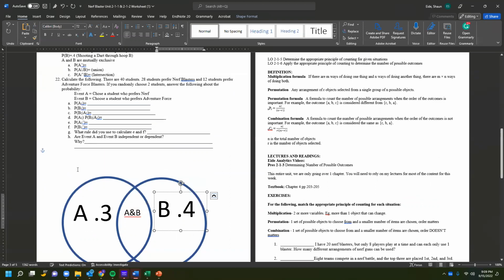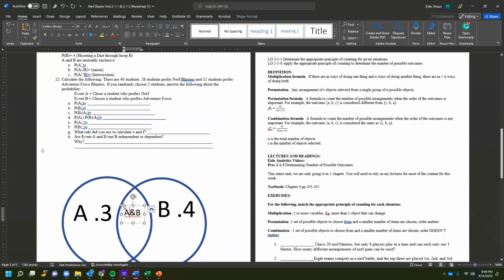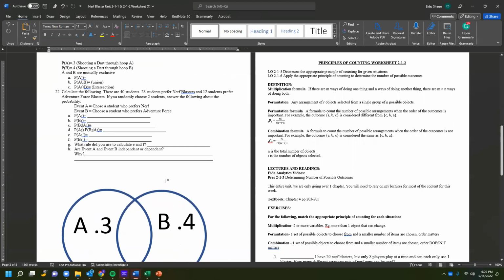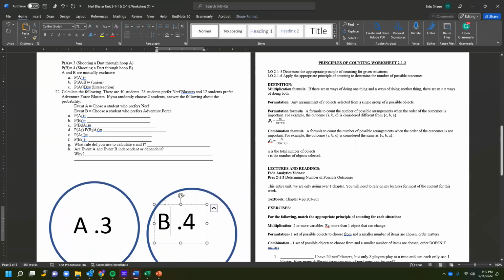And then coming down here, we're saying A and B are mutually exclusive. Well, that's really good information to know. If they are mutually exclusive, what does that mean? It means that they cannot happen at the same time. So the probability of A is 0.3, the probability of B is 0.4, and mutually exclusive means that they cannot happen at the same time.